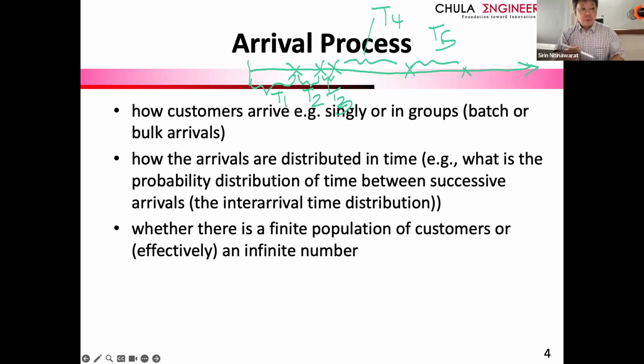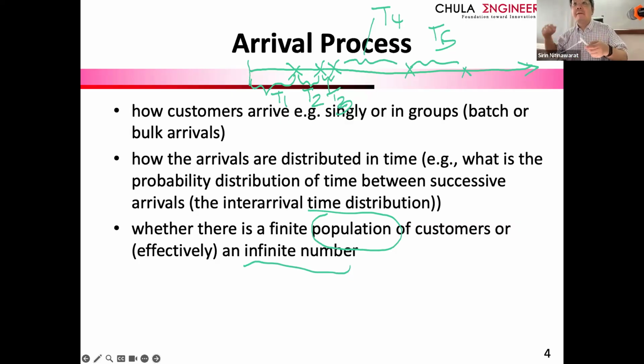Another thing that you will need to consider is the size of the population of incoming customers, right? In many queuing systems, it can be intuitive to assume that the size of this pool is very large, and you can approximate it as infinite, right?